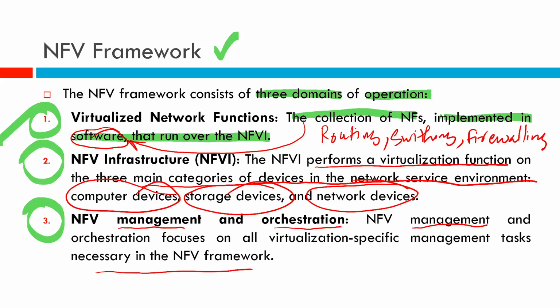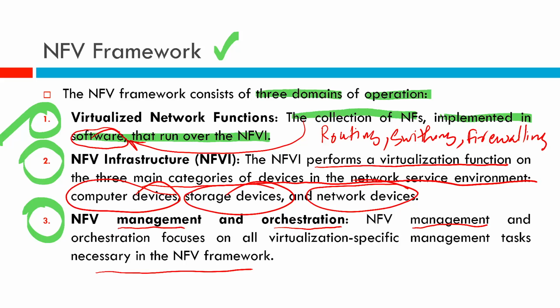So if you look into the framework, we have VNF, then NFVI, and NFV management and orchestration. Three domains of operation make up the framework of NFV, network function virtualization.